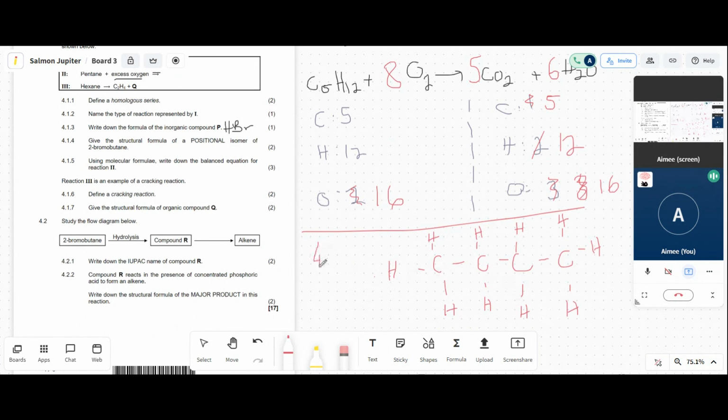That's 4.1.7. That's your organic compound Q. Like I said, just go do some more reading on these reactions. It's very much study work. Okay, let's get rid of this.